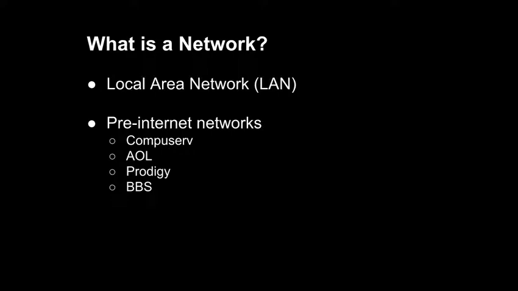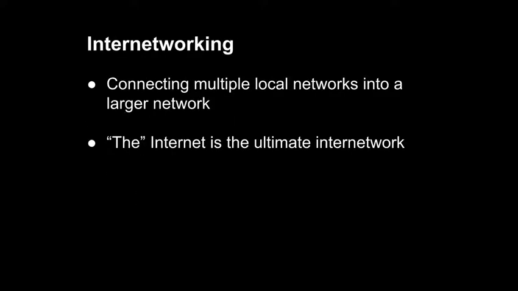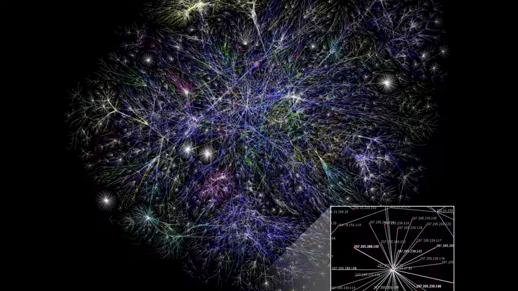And this allowed you to connect your computer to a network that maybe was spread over a larger geographical area. And so this is called internetworking, where you can connect maybe your local network in with another network at a different location to create yet a bigger network. The internet is the ultimate in internetworking, and so that's where that term actually comes from.